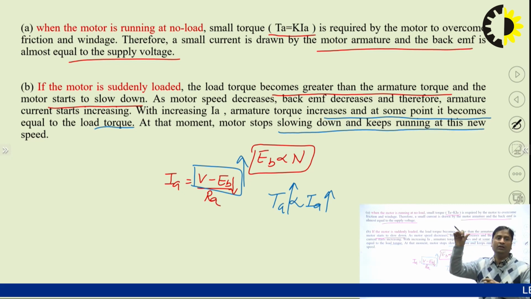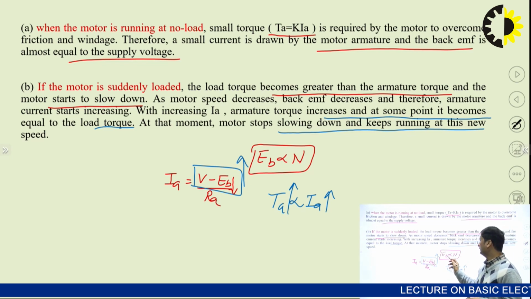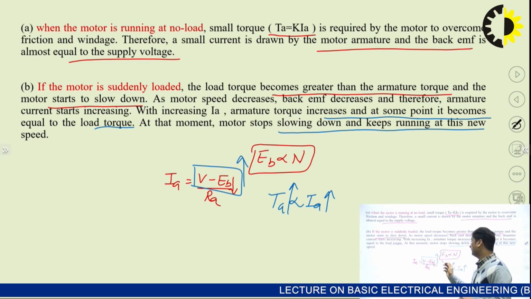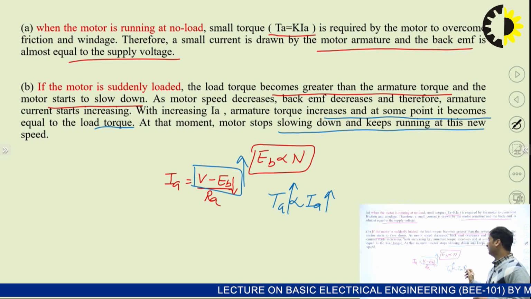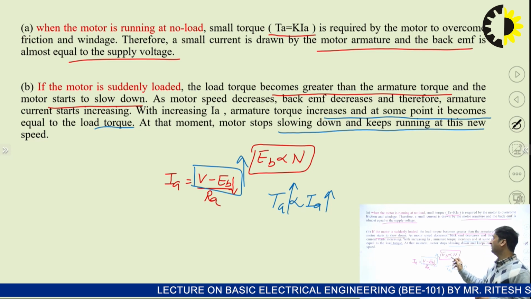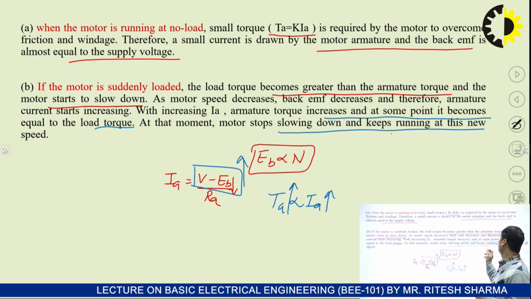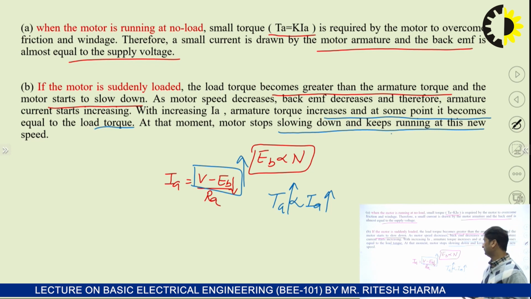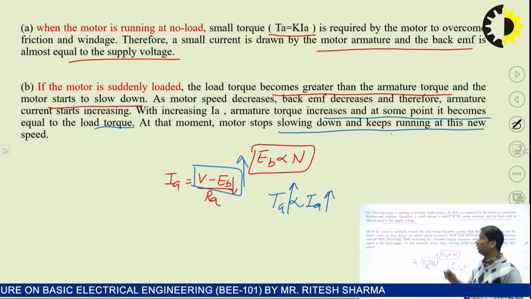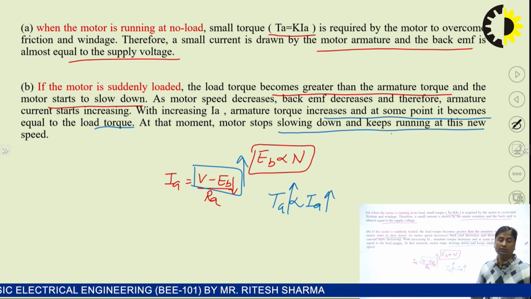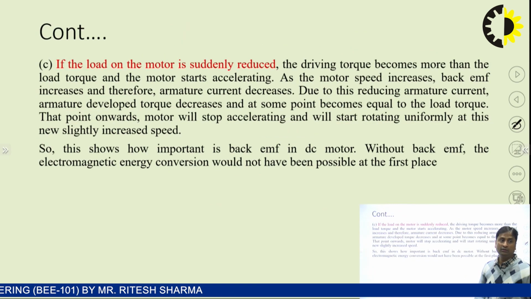Because EB decreased, the current increased, and the torque increased, accordingly it attains that speed. This is how it regulates when it is suddenly loaded.